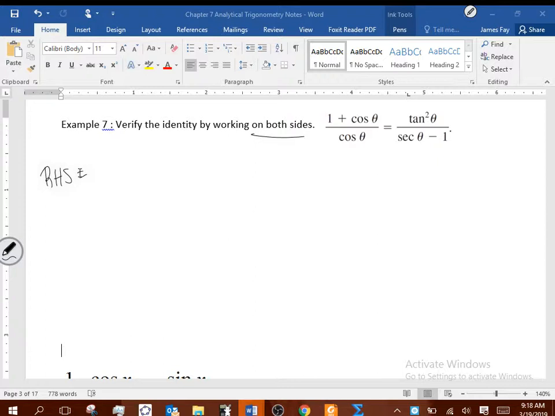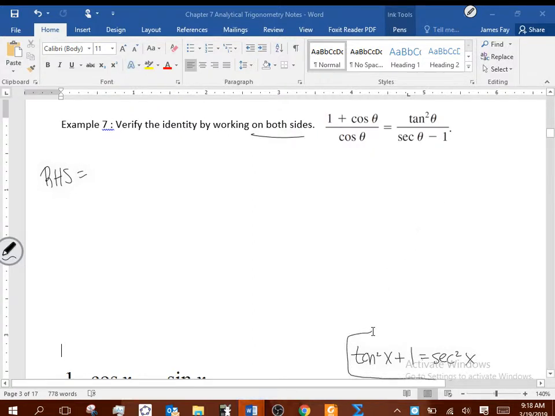That jumps off the page to me, because we have a Pythagorean identity that says, let's write it down here, tangent squared x plus 1 is equal to secant squared x. That's in the blue box at the top of this document, and on the handout that I emailed to you. That is one of our three Pythagorean identities.